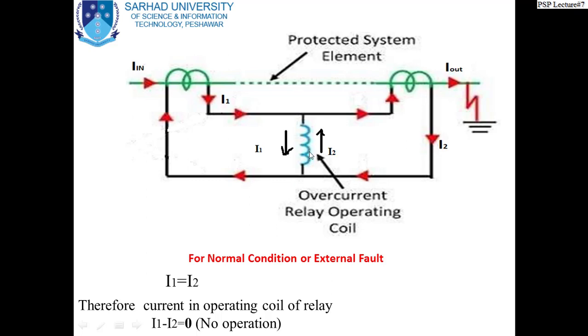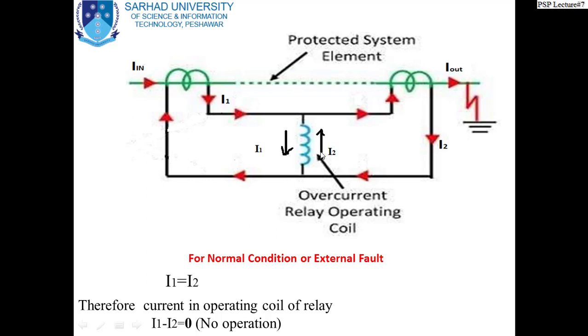Under this operating condition, two currents are flowing. One is I1 flowing in the downward direction and one is I2 flowing in the upward direction.